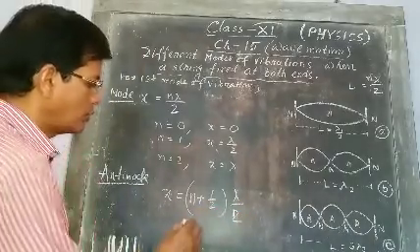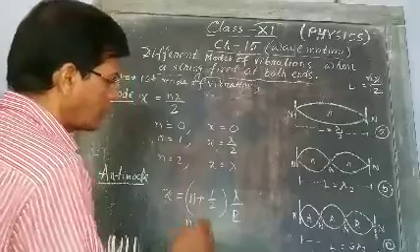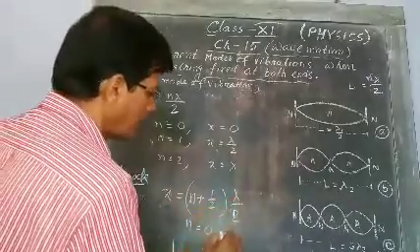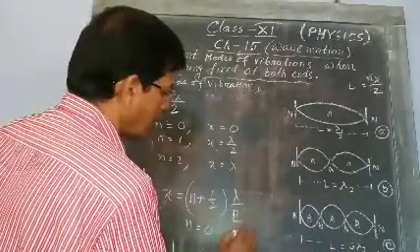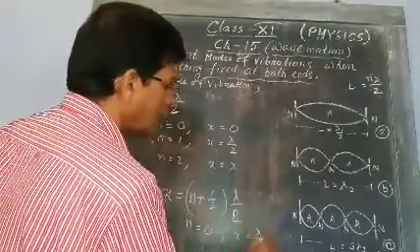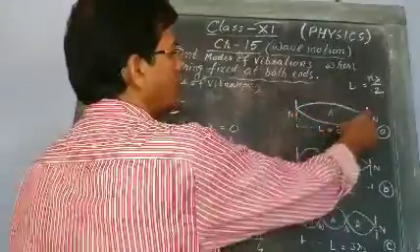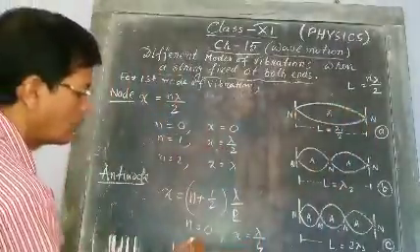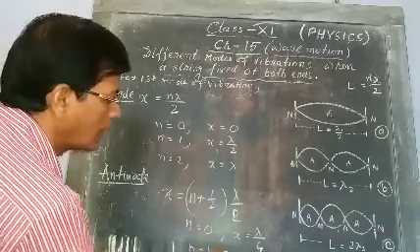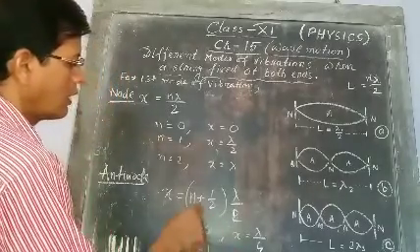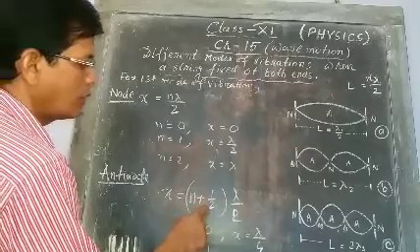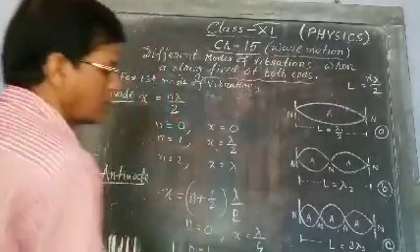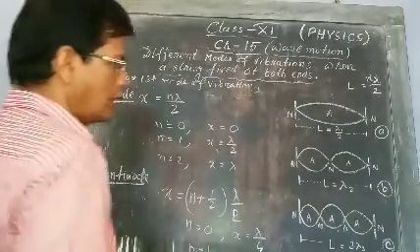You put n equal to 0, then x equal to lambda by 4. Here you see, if this is lambda by 2, so this is lambda by 4. When n equal to 1, then what do you get? 1 plus half means 3 by 2. 3 by 2 means 3 lambda by 4.